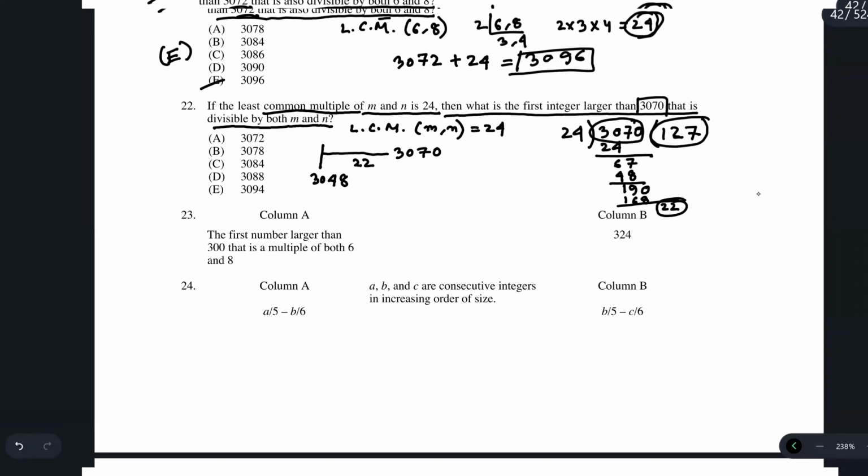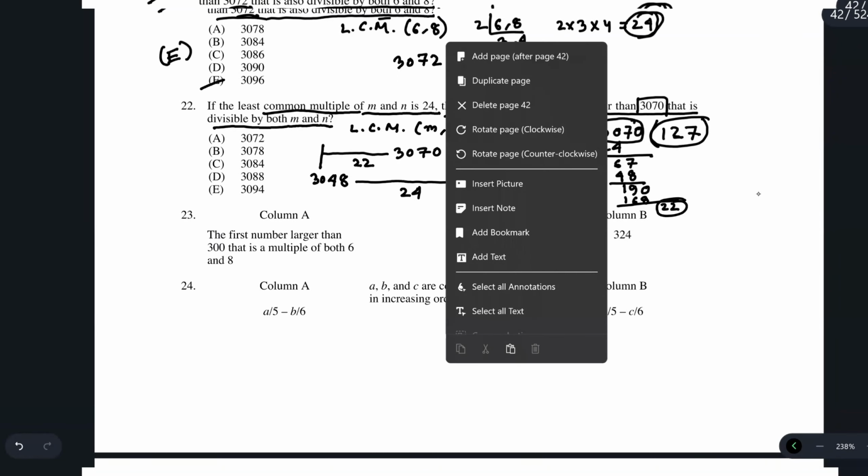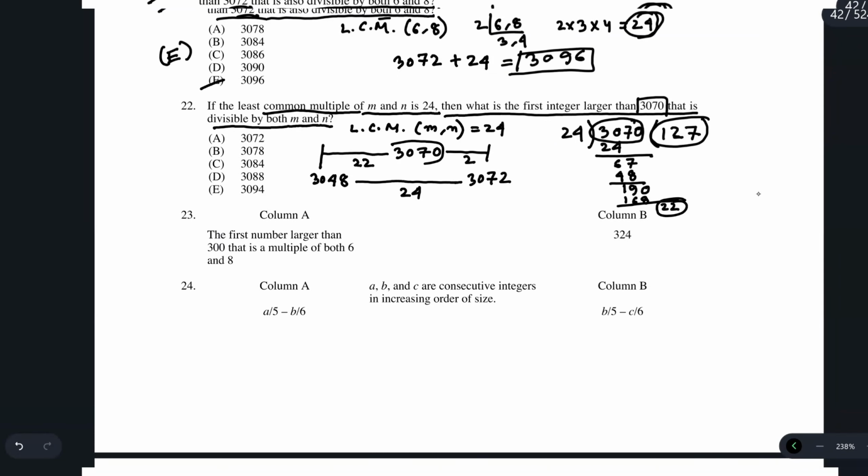That is 3048. And the next number that is also divisible by 24 should be 24 apart from it, and that is 3072, right? So 3070 was not divisible by 24, but we had a remainder of 22.